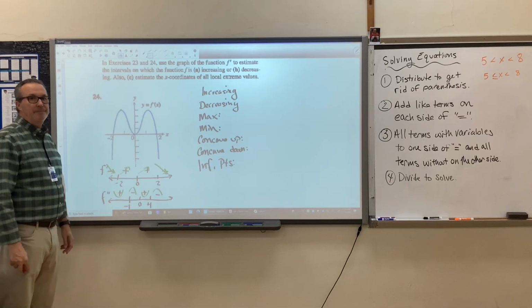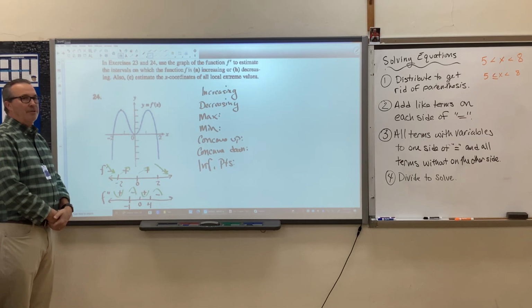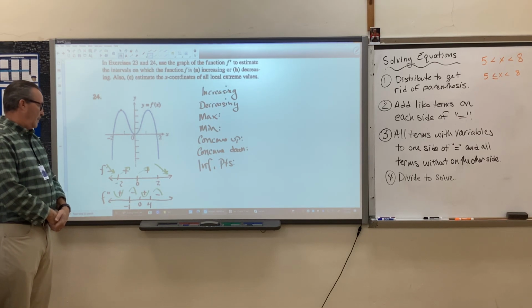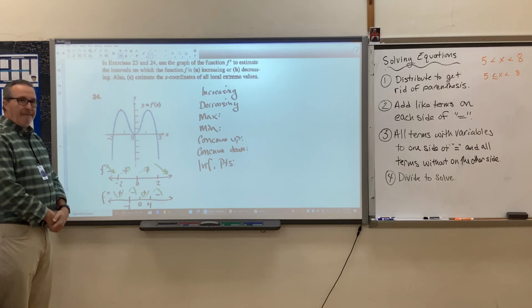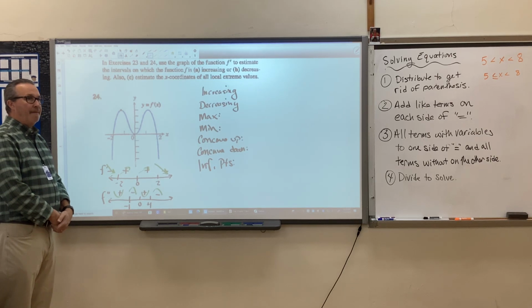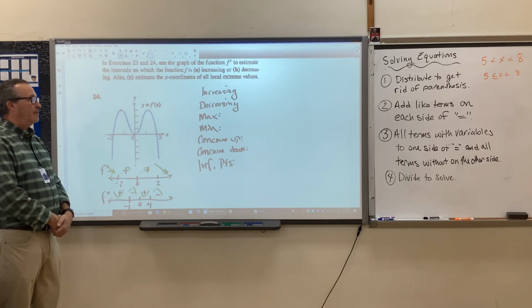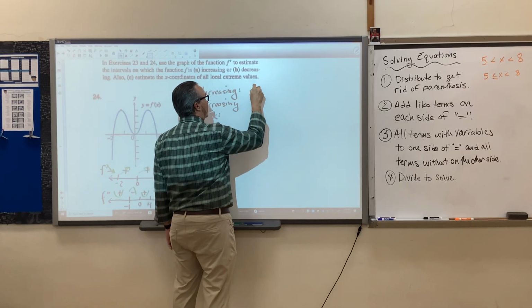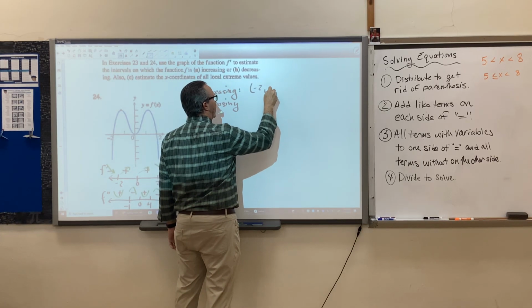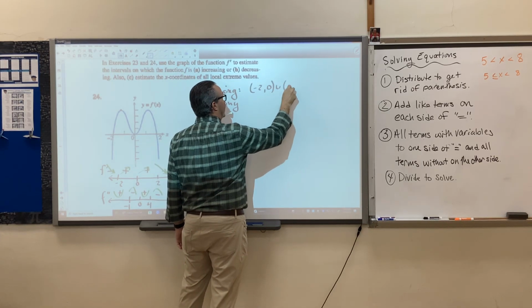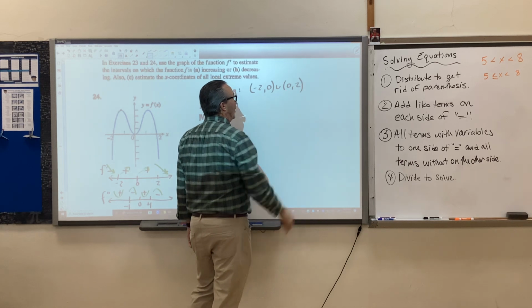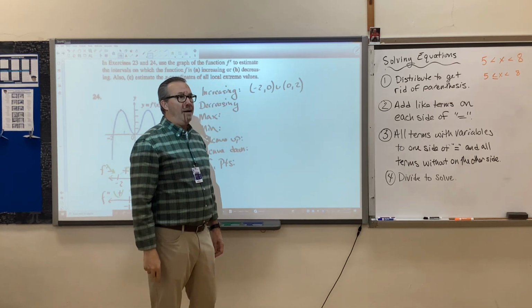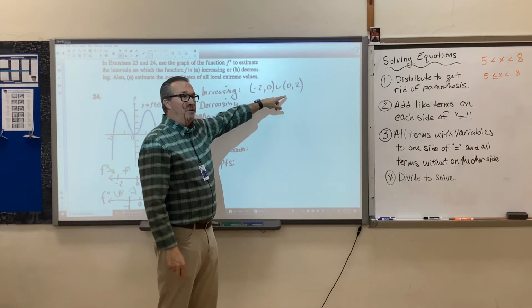How do I answer those? Increasing from negative 2 to 2, and then decreasing from negative infinity to negative 2. Yeah, I would probably do this. You got 0, but on the AP exam, do what you do.